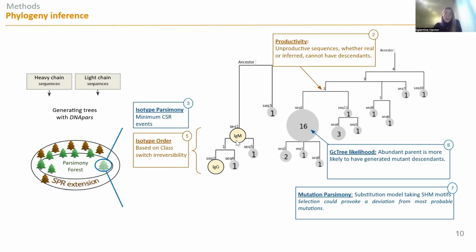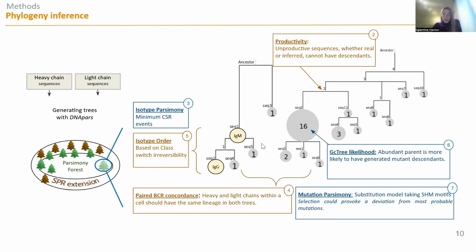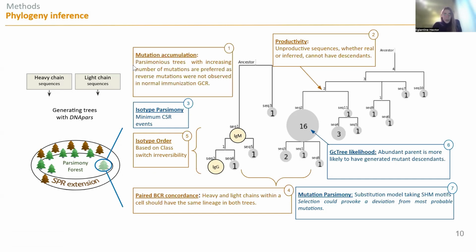So we want, for instance, IgMs to be upstream of the tree axis here. And most importantly, since we have trees for heavy chain and for the light chain, we have this concordance score that checks that for each node, we have consistent lineages in both trees. And also we check that there are no aberrant or reverse mutations and so on.